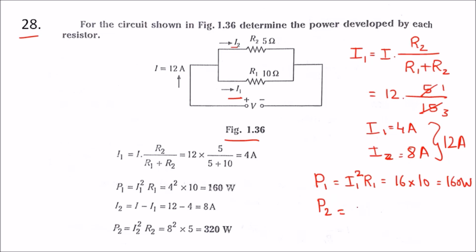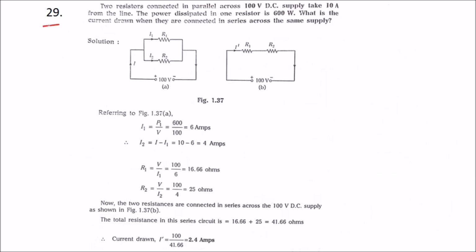Same for P2: I2 is 8 square and R2 is 5, that is 320 watt. So P1 is 160 watt, P2 is 320 watts.